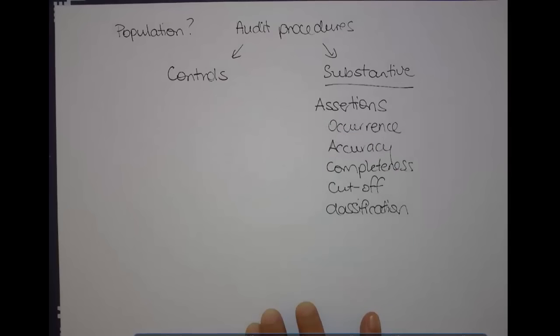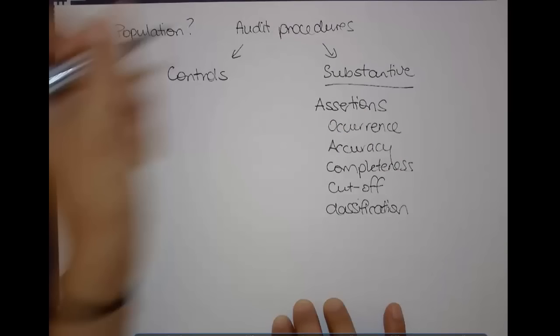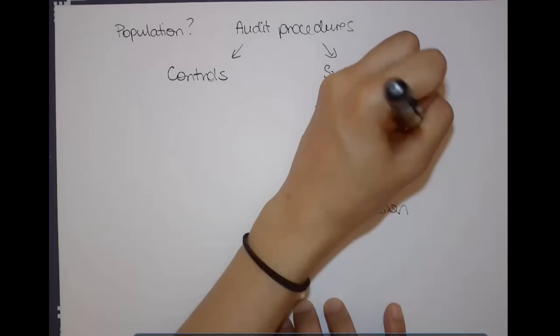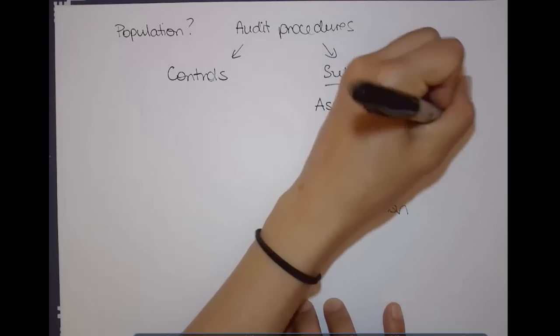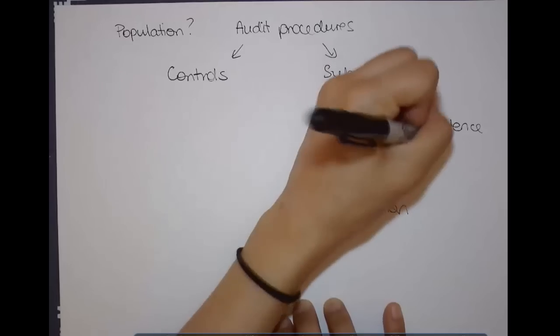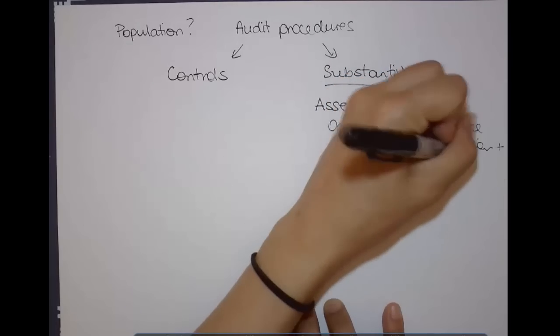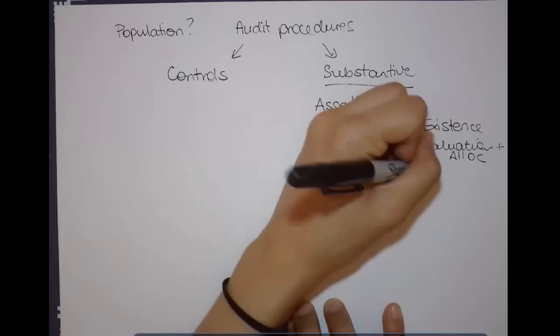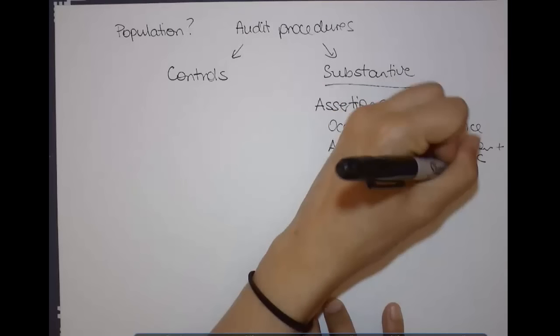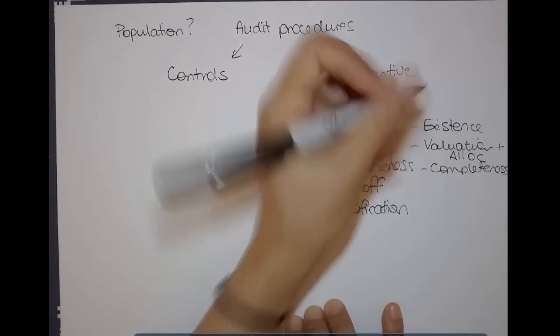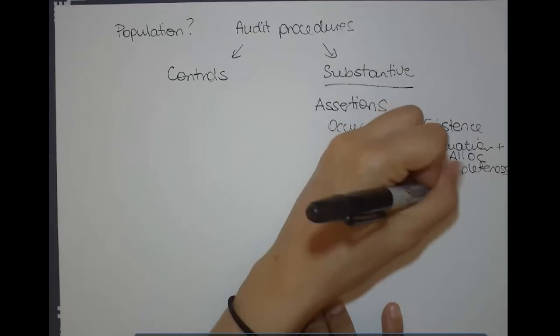Alright, and for our balances, we've got existence, valuation and allocation, completeness again, because they're the same, and then rights and obligations.